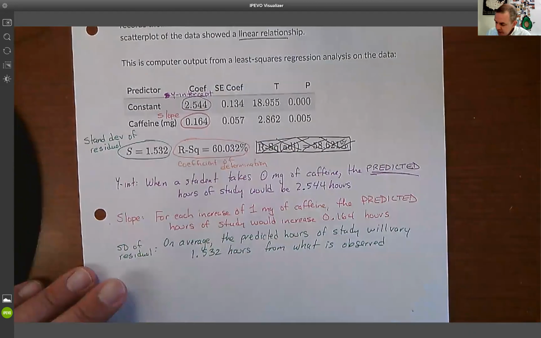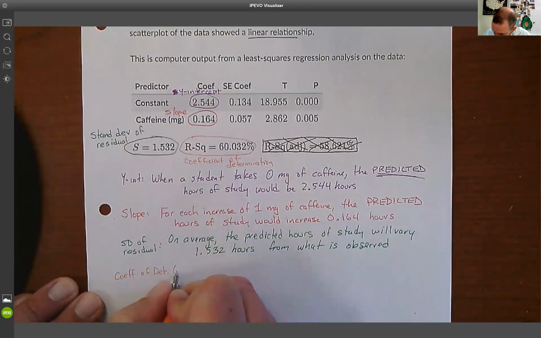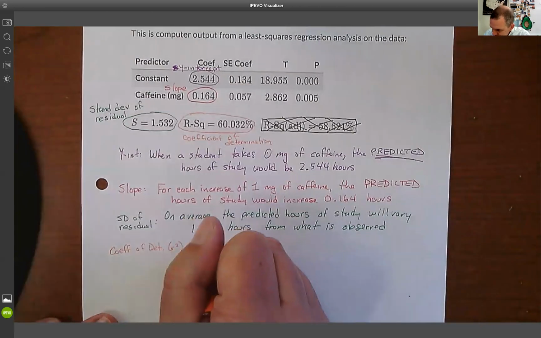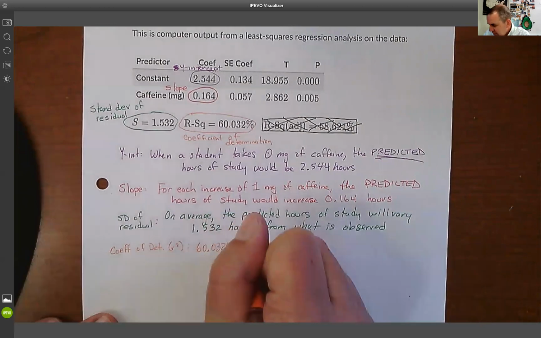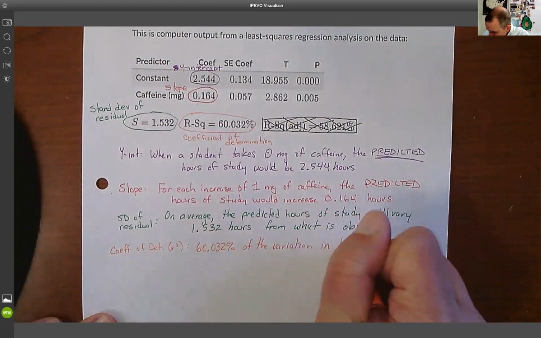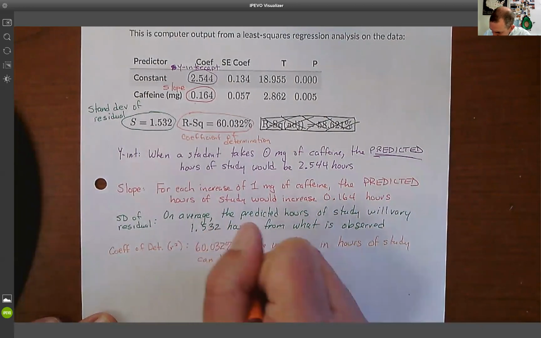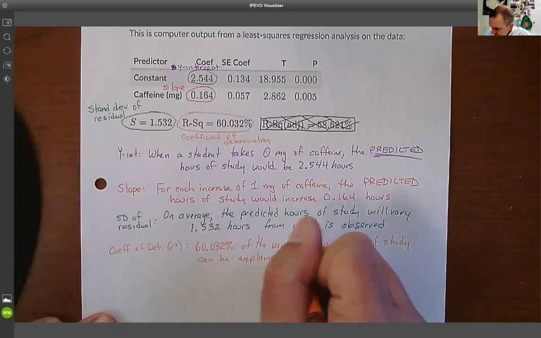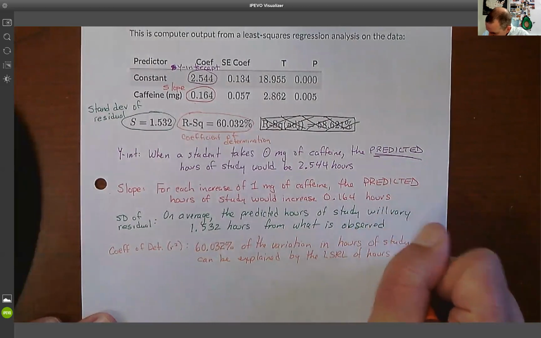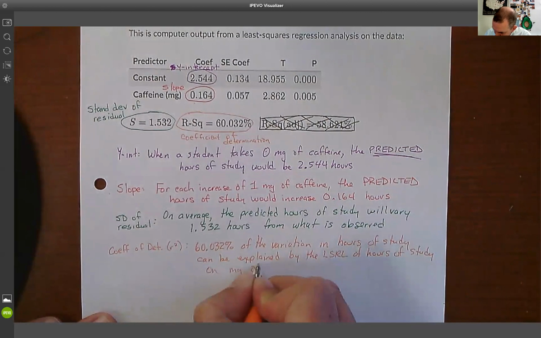So the coefficient of determination, the R squared, it's that weird sentence I wanted you to memorize. 60.032% of the variation in hours of study, my response variable, can be explained by the LSRL of hours of study, my response variable, on milligrams of caffeine, my explanatory variable.